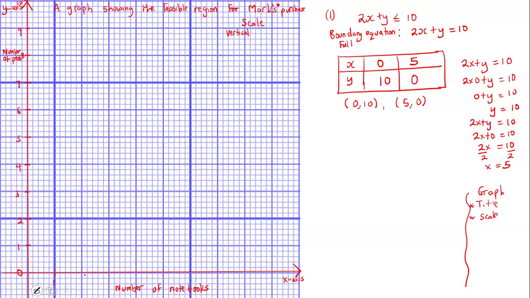Then here I'll have 1, 2, 3, 4, 5, 6, 7, 8, 9, still starting from 0. I want you to look at how I'm starting my axes, because sometimes you may start on different scales. It is always good practice not to enter into the x-axis. My graph is small, but yours should fit.